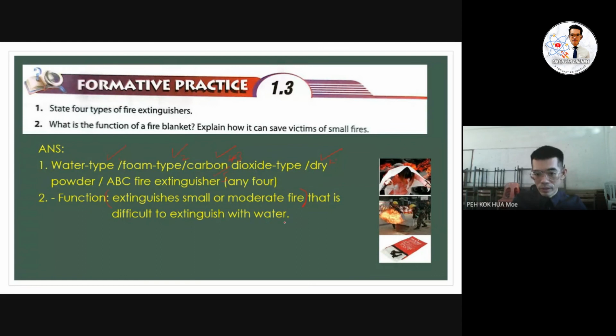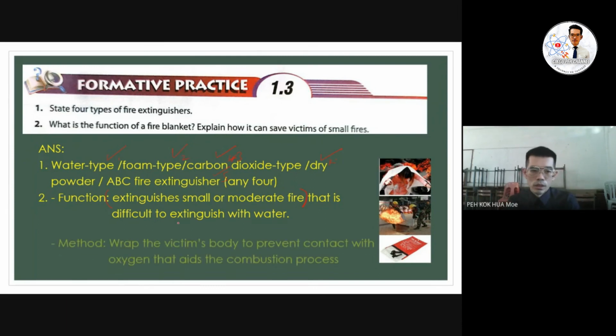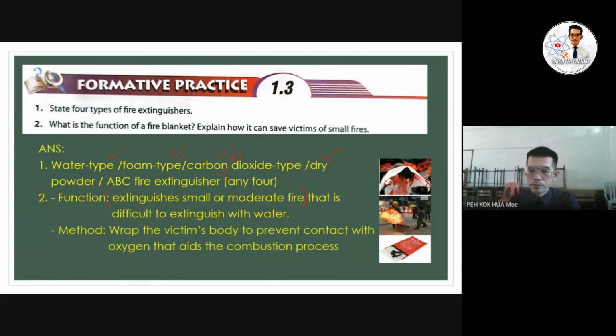The fire blanket is able to block the oxygen, so that the combustion or fire can be put off. Here, wrap the victim, like in the picture, to prevent contact with oxygen. So the fire blanket is able to block oxygen from directly contacting the body of the person, and cut off the fire.